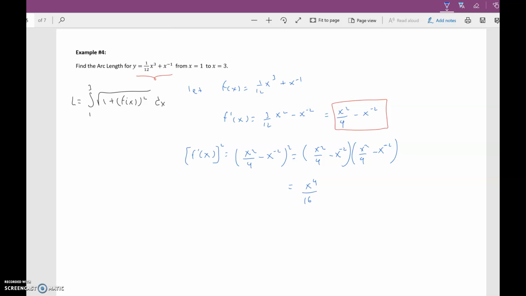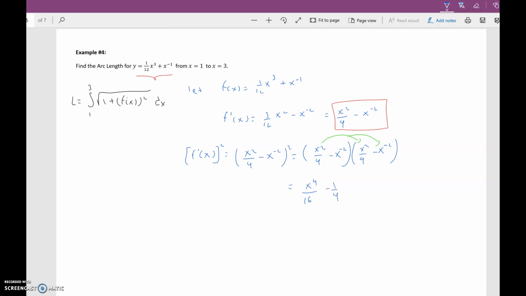And careful with the exponents, as we multiply x squared over 4 times negative x to the negative 2, that one is going to simplify to just negative 1/4.